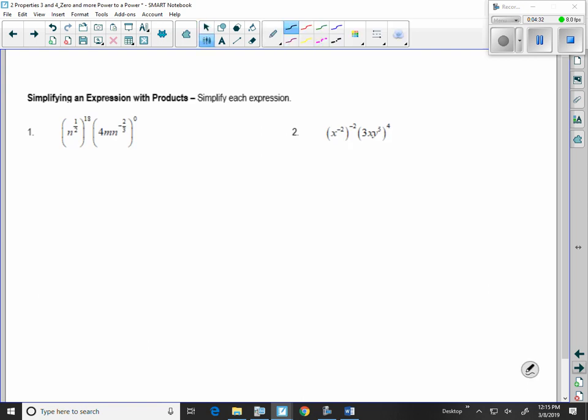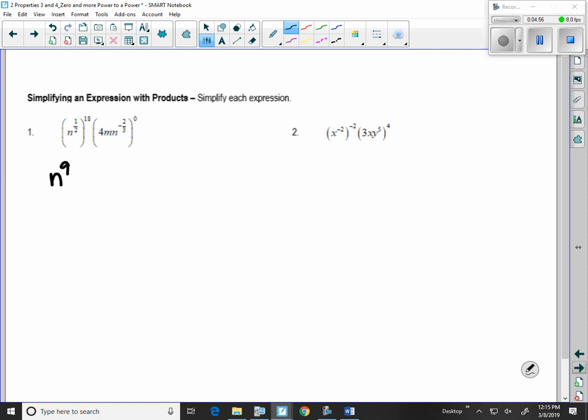Okay. Simplifying an expression with products. So now there's a lot happening here. Okay? So here's what I'm going to tell you to do. Take one part at a time. Don't get overwhelmed. Okay? So let's focus on the n to the 1/2 to the 18. What do I do with the 1/2 and the 18? Multiply them. So what's 1/2 times 18? 9.